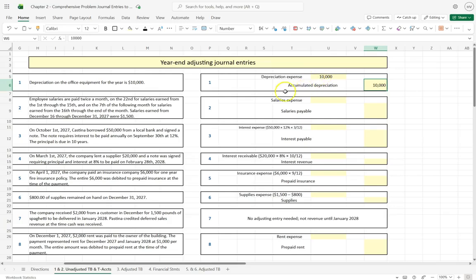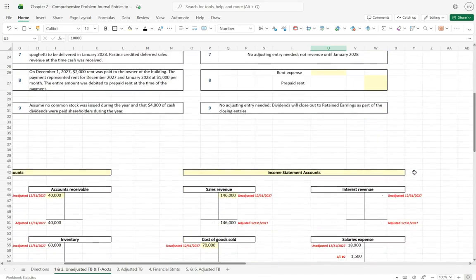And then we have to post these to the T account. So for each side of this entry, each account that the entry hits, you have to post each one of those into the T account. So I have depreciation expense, debit $10,000. I know that depreciation expense is an income statement account because it's an expense.